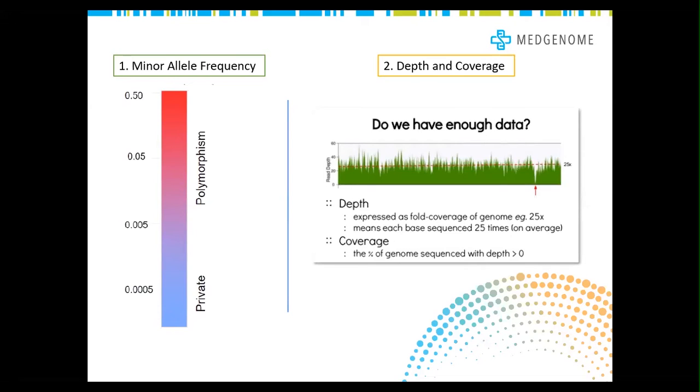Second, we should always check for the depth and coverage. That shows that we have enough data and we are confident regarding the variant which we have got in the analysis. The depth is how many times a given base has been sequenced, and coverage means what percentage of the genome was sequenced with a depth of more than 0.